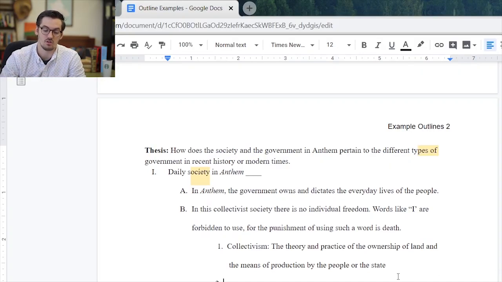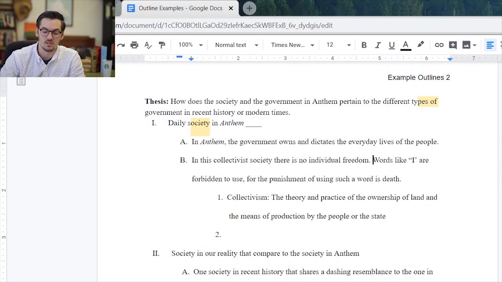You shouldn't have one just by itself. So you need to move or take this idea and add it to the sentence in the B. And then also each A and B and the Roman numeral 1 and 2 need to only be 1 sentence. This is 2 sentences. So you should break that down into 1 single idea. And then if you have more to add here, well then make it a second point.